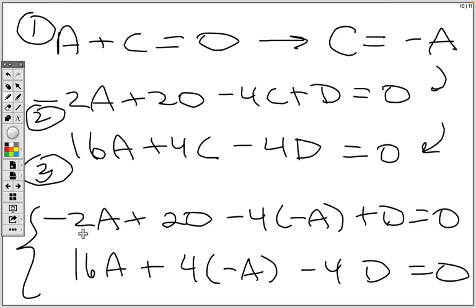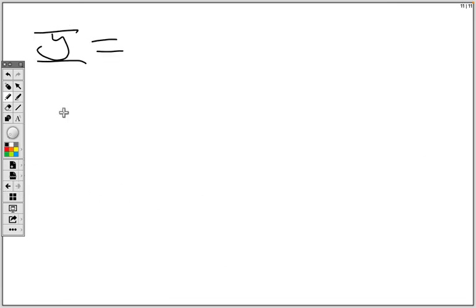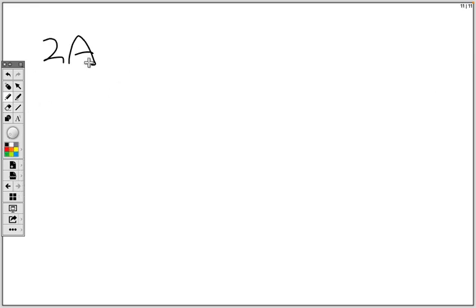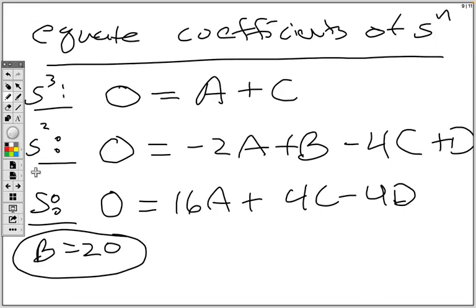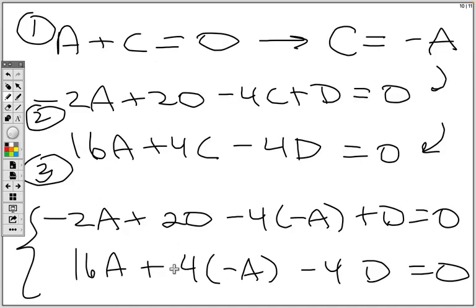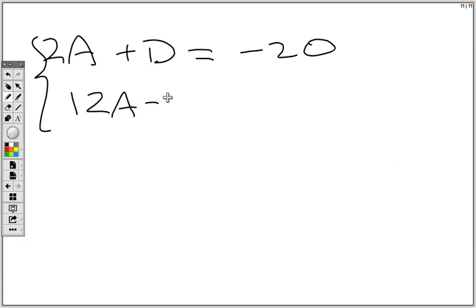So the top equation, I got minus 2a plus 4a, that gives us 2a, plus d, and I guess that's equal to minus 20. And then I'd have 12a minus 4d is 0. I can solve this one pretty quickly.